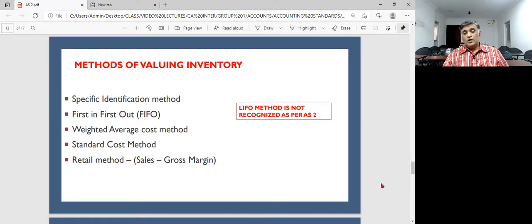You take an assumption that the items which were acquired first will be consumed first. That is the FIFO method. But in practical reality, it is the 11 rupee lot which gets issued. But we are not going to get into that process of specific identification because it's very difficult and time consuming. So we take a stand that we will follow the first in first out method of valuing inventory, though physically the goods may move in any direction.